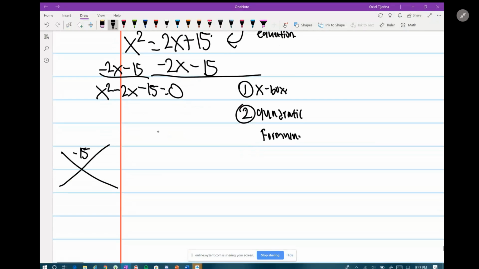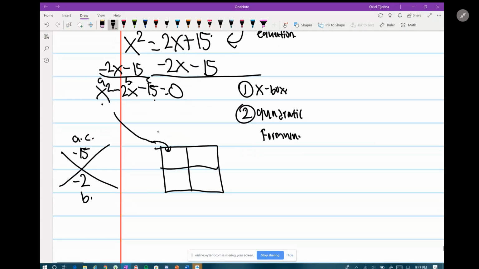So for the x box, this is A times C, so it's the first term times the last term, and then this is your B. So we have 1 times negative 15, and then we have our middle term over here, negative 2. Then we draw a box, and we put our ax squared right here, our very front term.